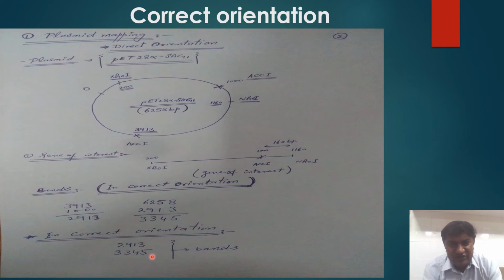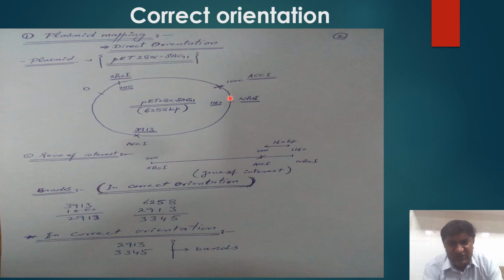So I told you the method of how to find the band's location. First of all, you find the location of the gene of interest. This is the location of the gene of interest.